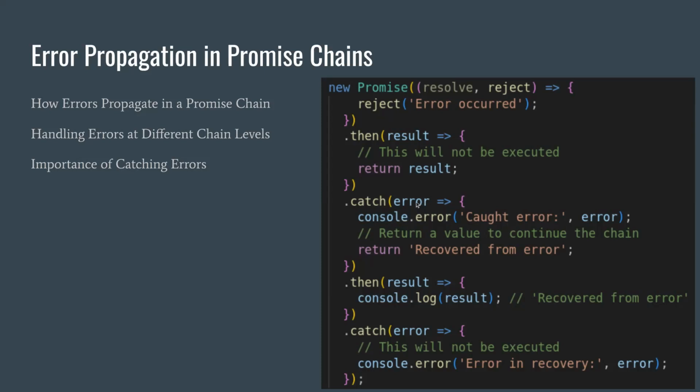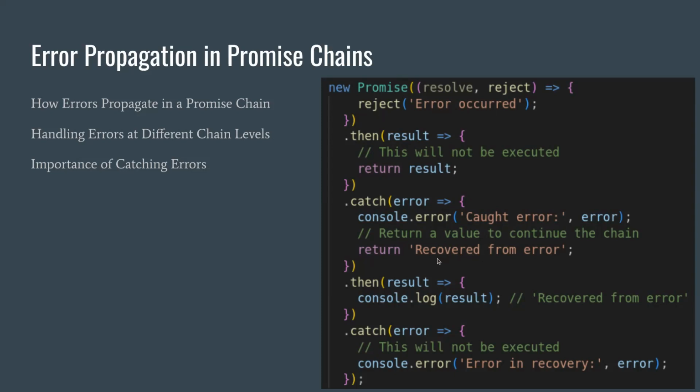If you look at this example, an error is thrown at the beginning, then the first then will be skipped, and this catch block will process the error thrown in the beginning, and by returning a value, once this catch block returns a value, it will allow the chain to continue.